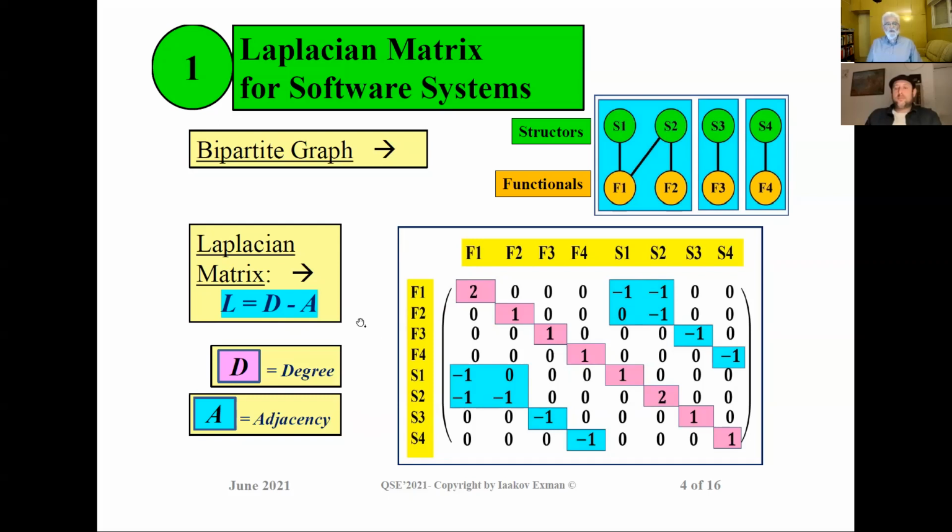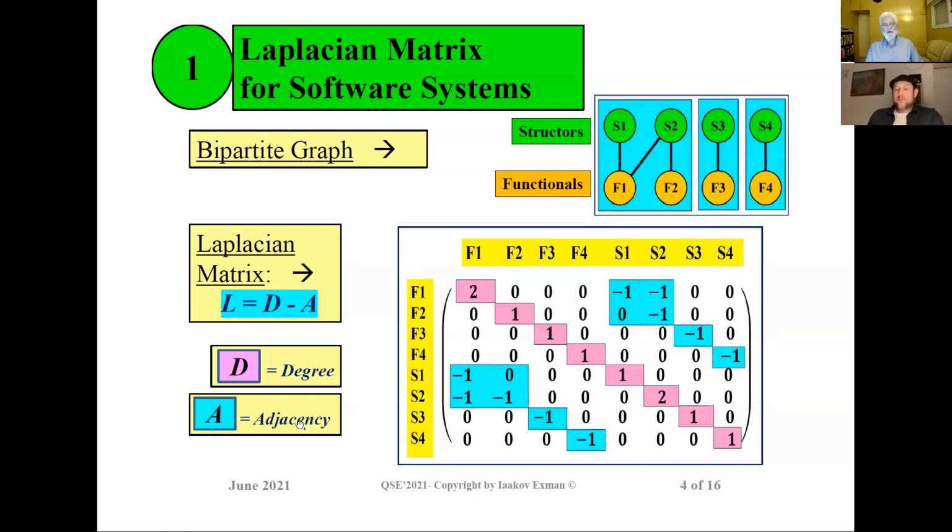The formal definition of a Laplacian matrix is L equals D minus A, where D is the degree matrix, a diagonal matrix, seen here on pink background, displaying the degrees for each of the vertices of the bipartite graph.